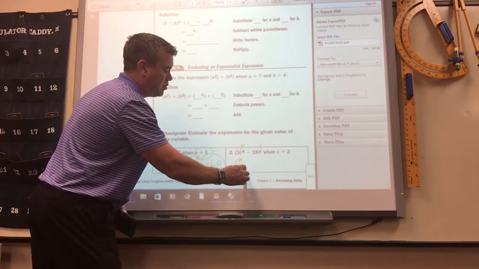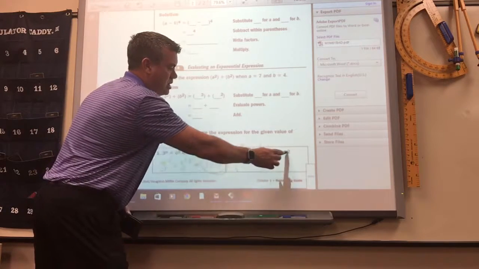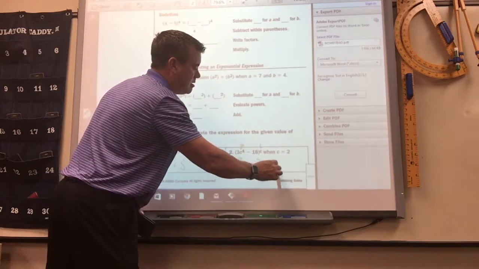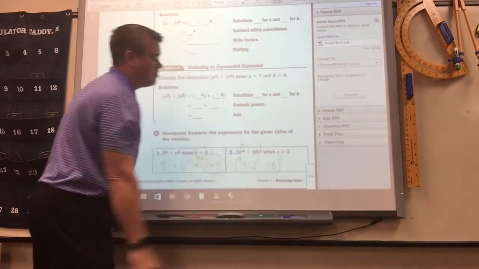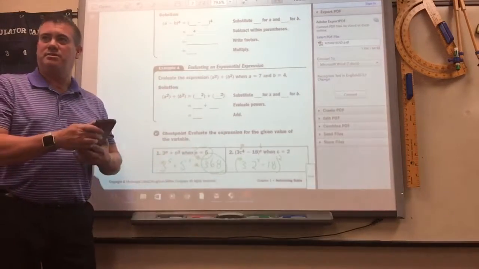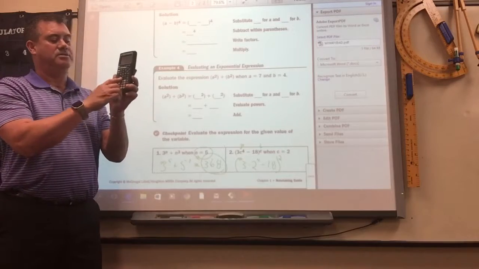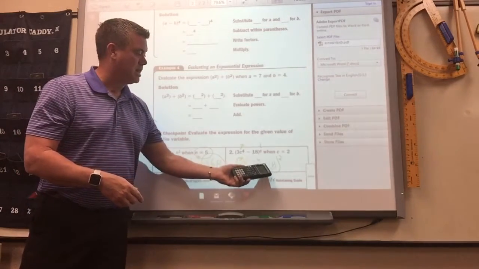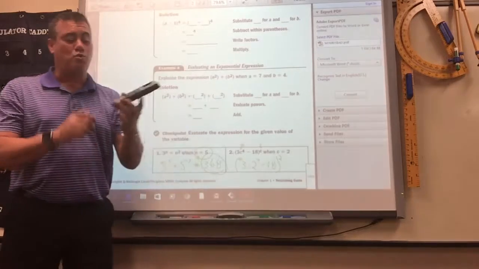So it would be 3 times 2 to the 4th minus 18, parenthesis to the 2nd. So you could punch this in exactly the way it looks using the parenthesis keys. So you could put parenthesis 3 times 2 to the 4th minus 18 parenthesis squared.